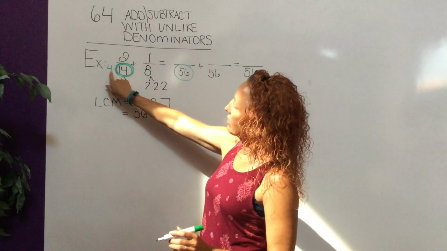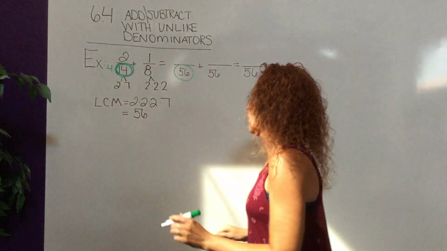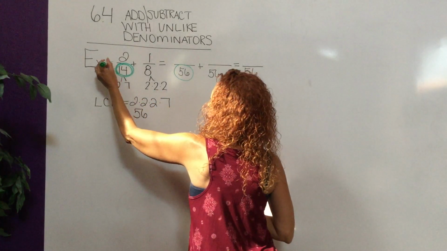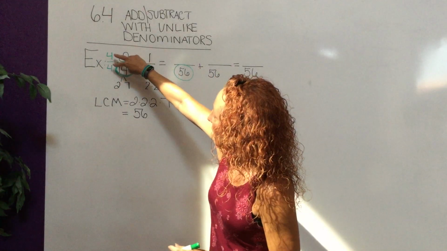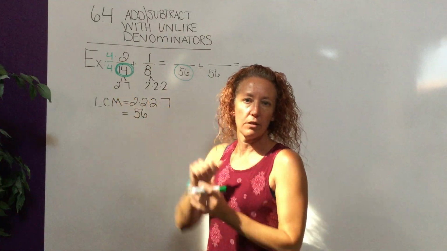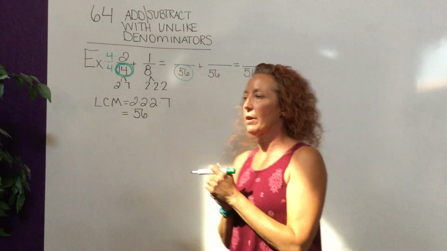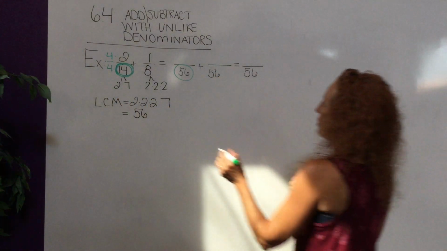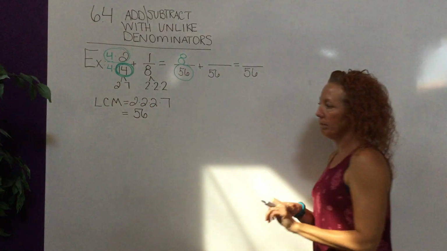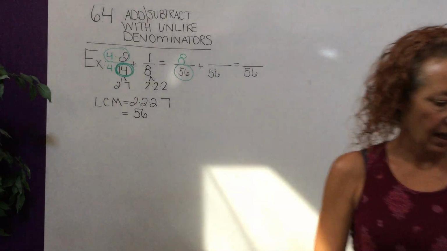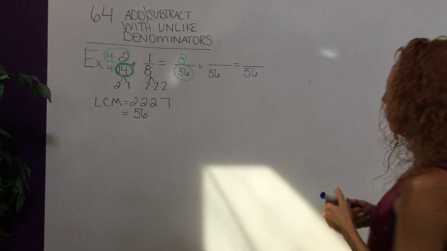And whatever I do to the denominator, I also need to apply to the numerator. In essence, this really isn't changing the value of the fraction because you're multiplying by a number over itself. So 2 times 4 here is 8.